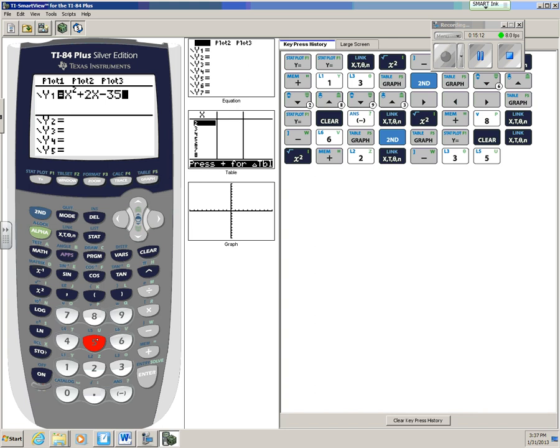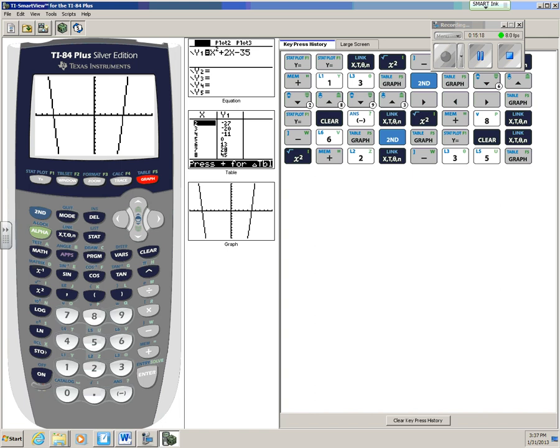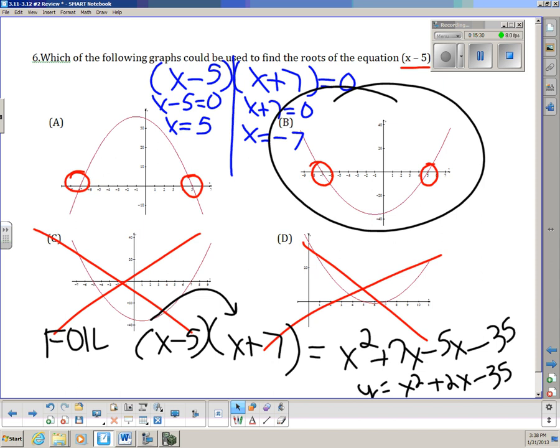I have a feeling I said something wrong again. That's what happens in the afternoon when you get tired. There's a look of your graph where you have your roots over here, and it's a minimum because that's the bottom of your parabola. Let me go back because I think I said something wrong again. Oh no, I didn't. It's all good. Okay, x squared plus 2x minus 35. I thought that I said that wrong.